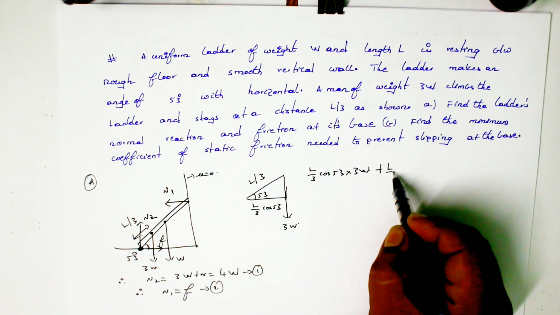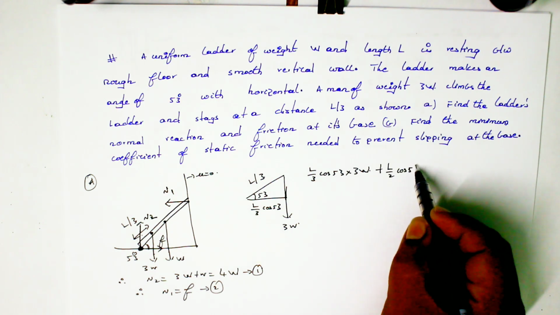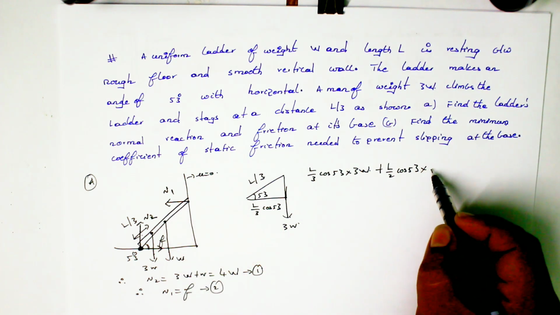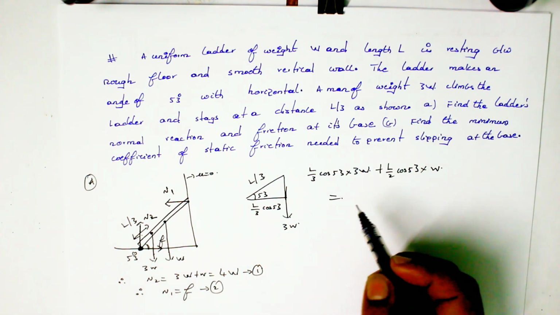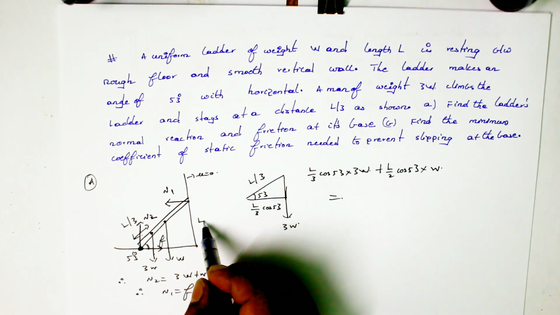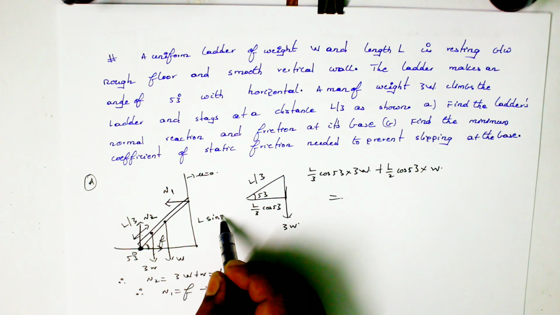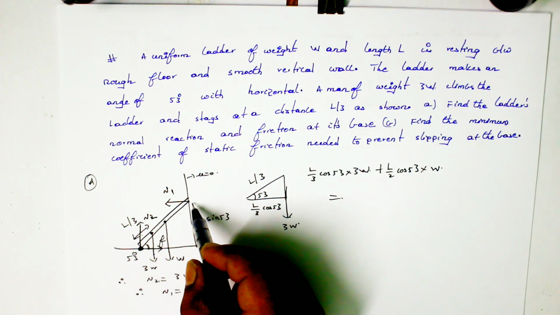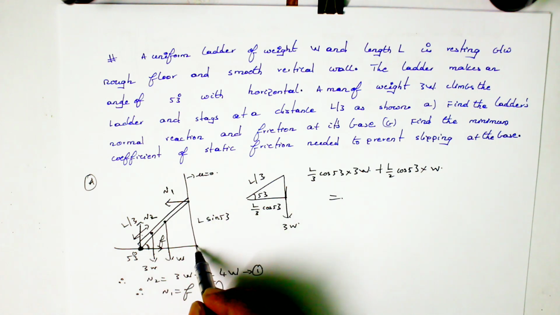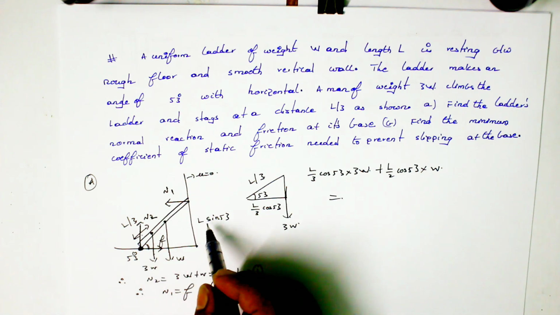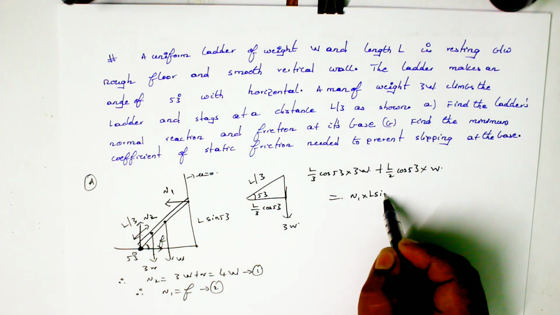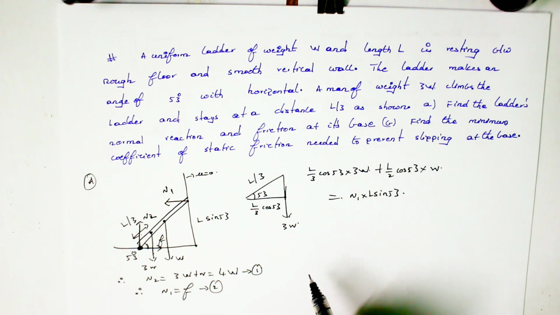So plus L by 2 cos 53 into the force, the weight of this rod, which is W. These two torques should be balanced by N1, which is at a perpendicular distance of L sin 53. This is the total length of the rod, so this becomes L sin 53, and this is L cos 53. So N1 into L sin 53. These are my values.